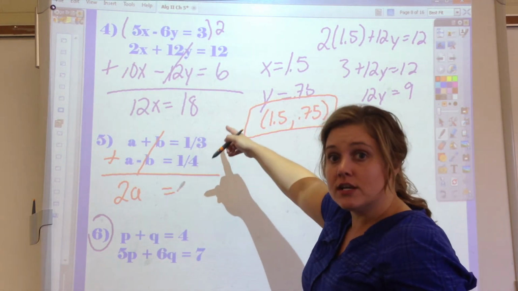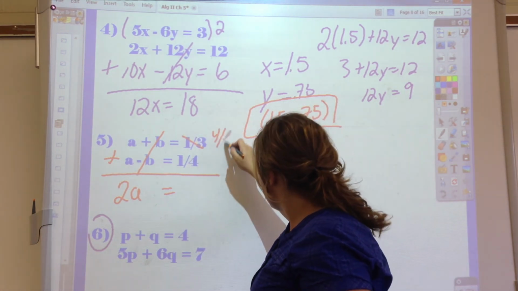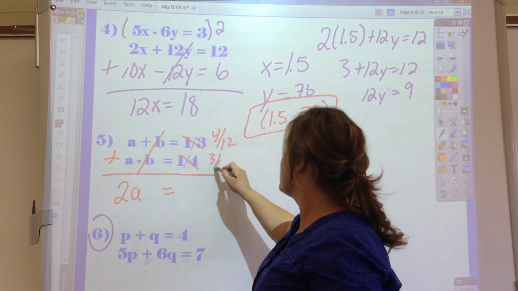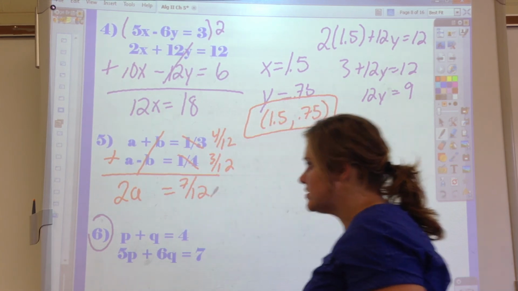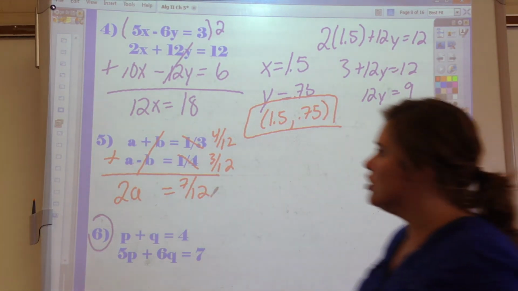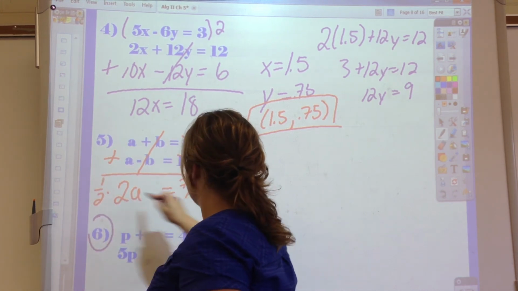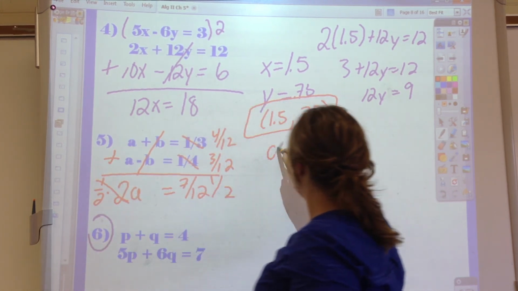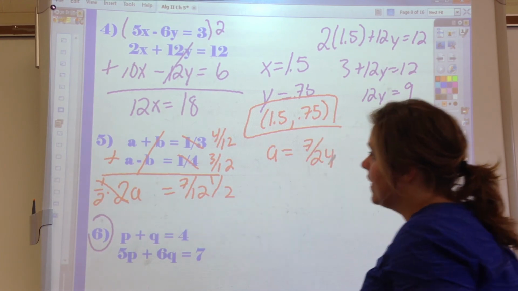Hopefully you'll agree that the common denominator would be 12, this one would be 4/12, and this one would be 3/12. Combine those together and I get 7/12. To solve for a, I'm going to have to divide by 2, which is the same as multiplying both sides by 1/2. Here it cancels and I get an a value equal to 7/24.